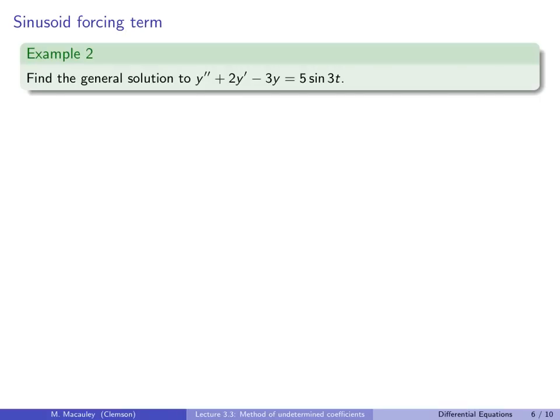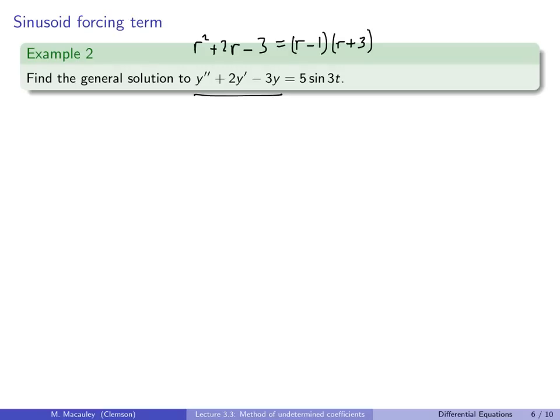So in this example, we have a different forcing term, one that is sinusoidal. So let's start as we did before by first finding the homogeneous solution. And this is something that we should now be able to do by inspection. This equation is going to lead to a characteristic equation of r squared plus 2r minus 3, which is r minus 1 times r plus 3.